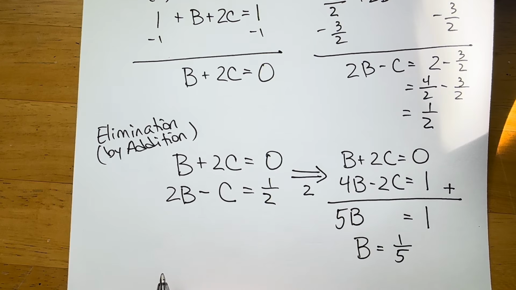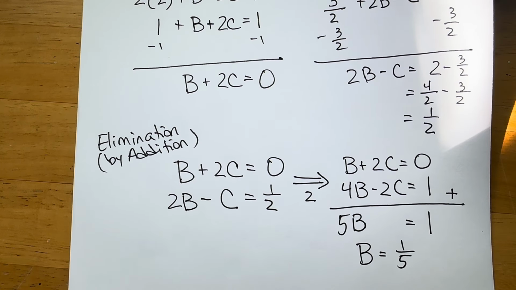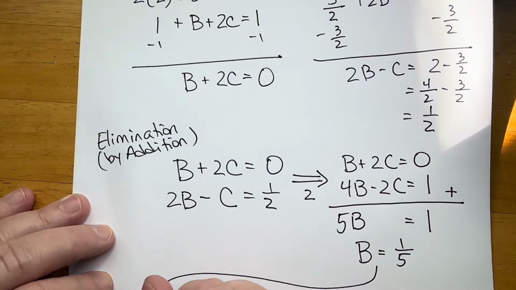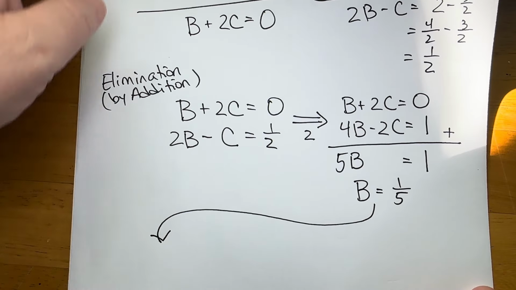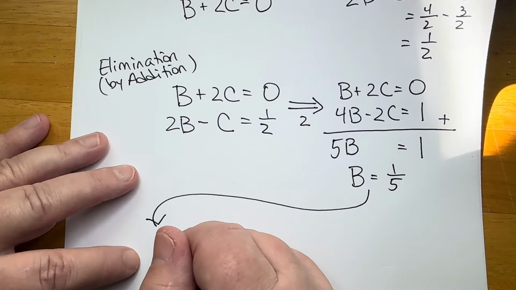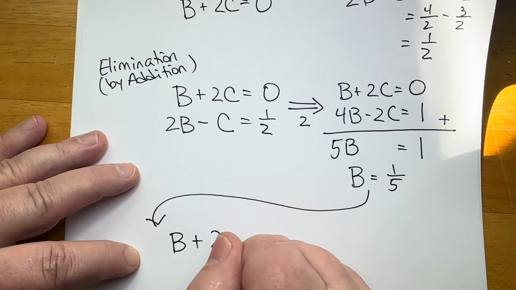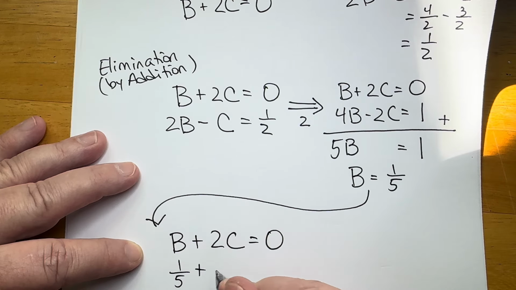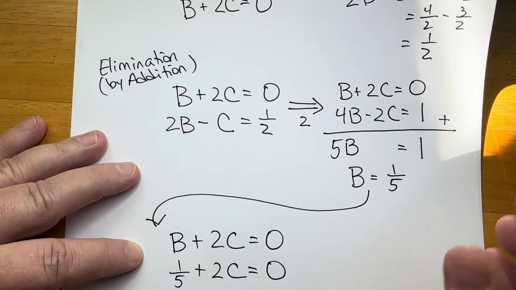So then what? Well, then I can go back into one of the other equations and say, if B is 1/5, I've got B plus 2C equals 0. That's 1/5 plus 2C equals 0.